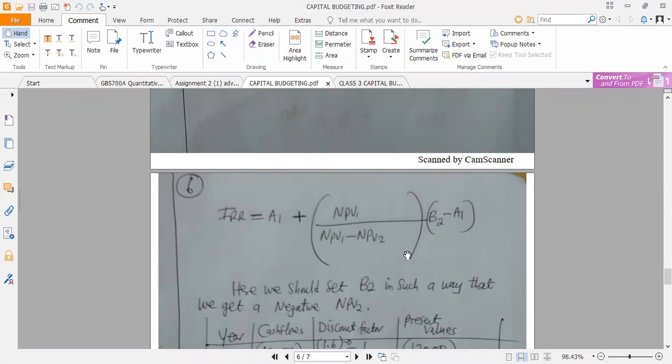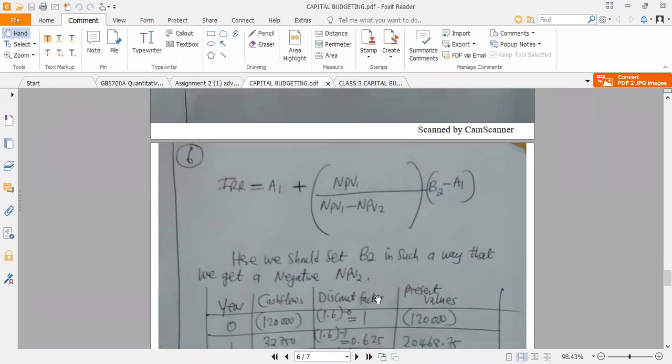Now, we should set B2 in such a way that we get a negative NPV2. What it means here is that the higher the rate, the smaller the NPV, and the smaller the rate, the higher the NPV. That's the relationship between the interest rate and the NPV.